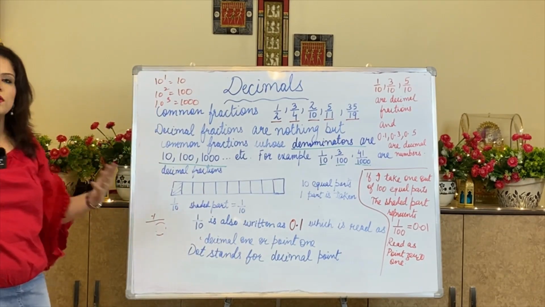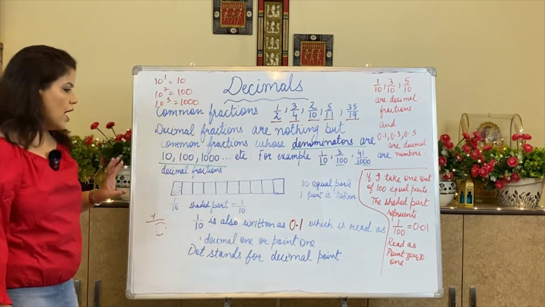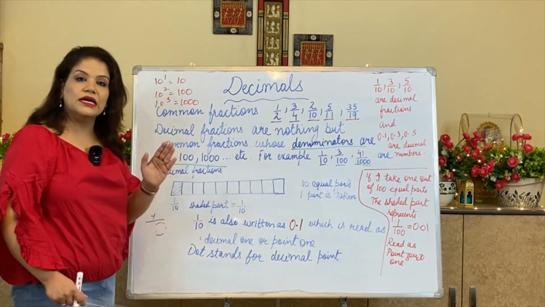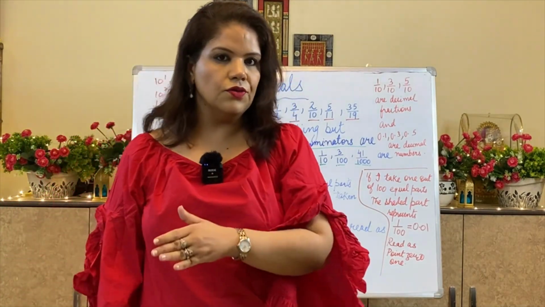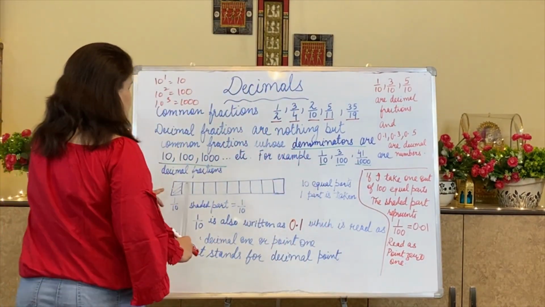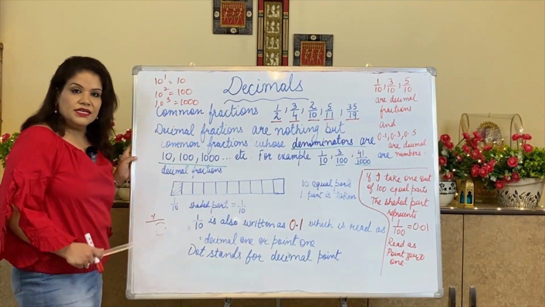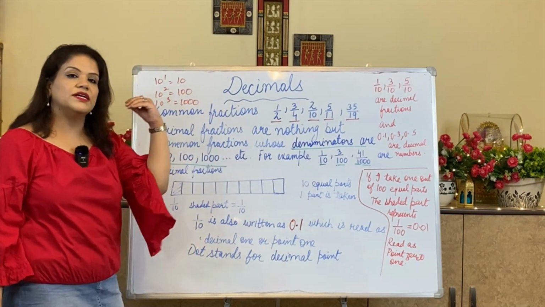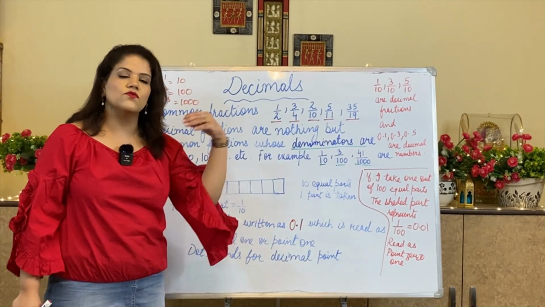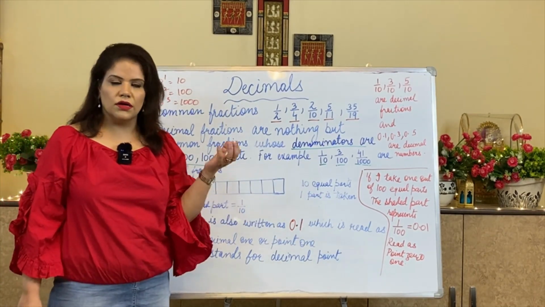Now how to represent it? Suppose I have taken this one figure. I have divided this into 10 equal parts. In fractions also we were taking a whole and dividing it into equal parts. I have divided this into 10 equal parts because in decimal fractions we take either 10, 100 or 1000 equal parts; those numbers only will give us decimal fractions.